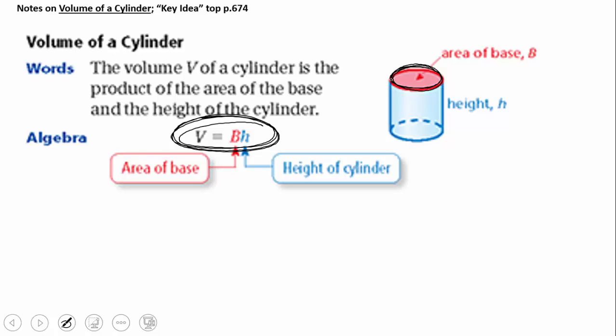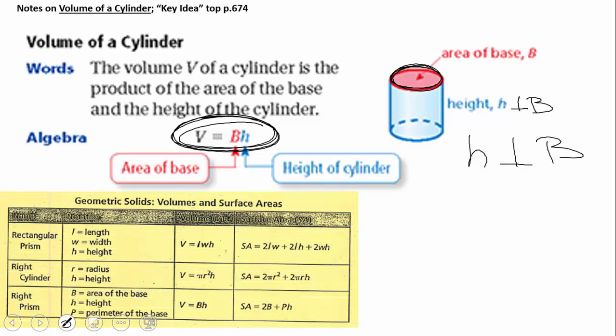So volume equals area of the base times the height. That capital B is the area of a circle. And then the height, of course, the height is perpendicular to the base. Remember, height is perpendicular to the base. That's what makes everything work. So if you're looking at your reference sheet, you will recognize that for a right cylinder, why do they call it a right cylinder? They call it a right cylinder because the height is perpendicular to the base.